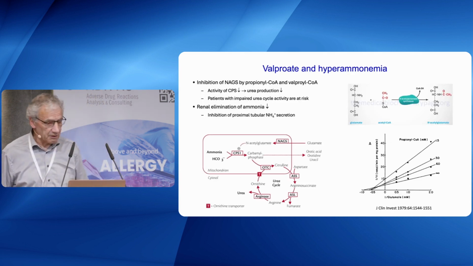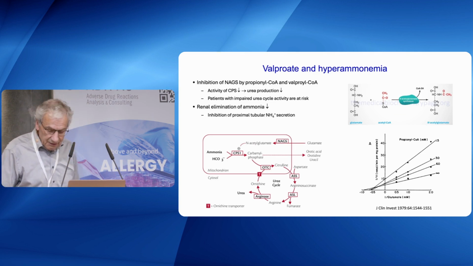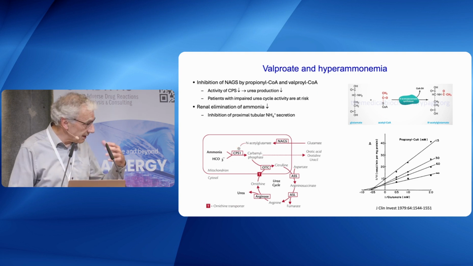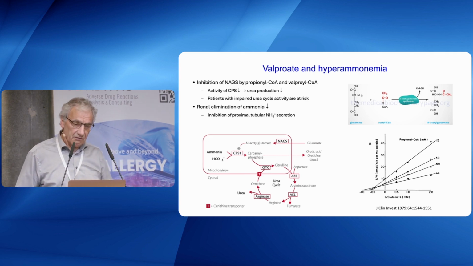Okay, first, hyperammonemia. We understand that quite well. You may remember the urea cycle, 5 enzymes. The first one is carbamoyl phosphate synthetase, which is the rate-limiting enzyme, ATP-dependent production of carbamoyl phosphate from bicarbonate and from ammonia.